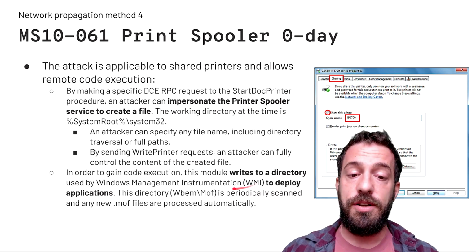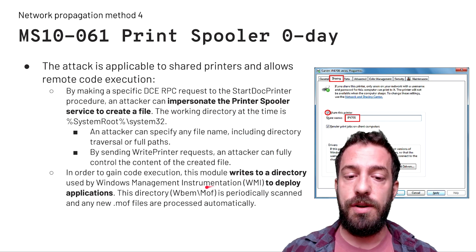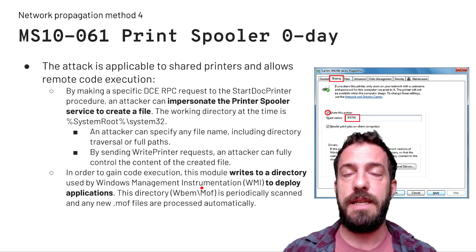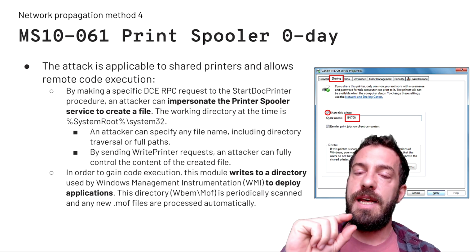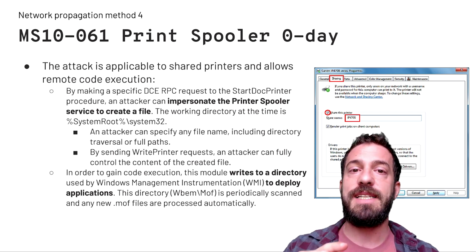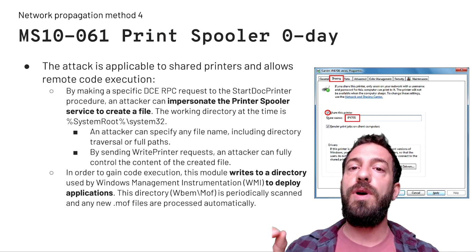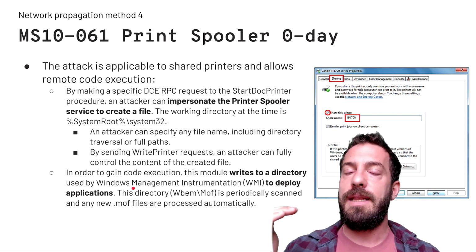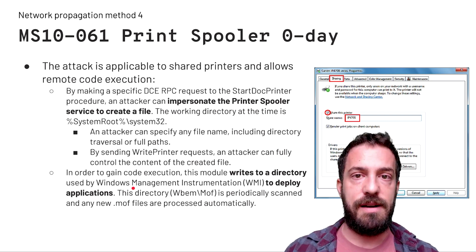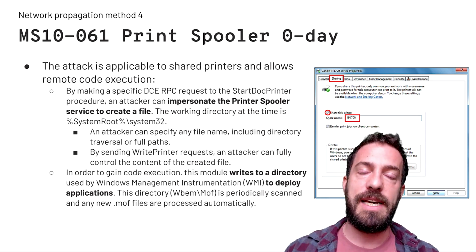Then you write to a special directory, and this special directory is used by the Windows Management Instrumentation to deploy applications. So essentially, you're sending a file to be printed, but that's Stuxnet, and since you can put it anywhere, you put it in a directory that will execute files. This directory is being read periodically by WMI, and it executes files it finds there. So you just copy yourself there, and then WMI would execute that file by executing Stuxnet again.